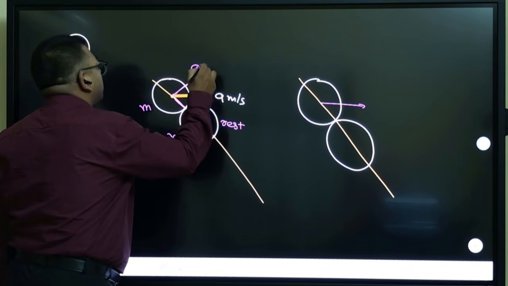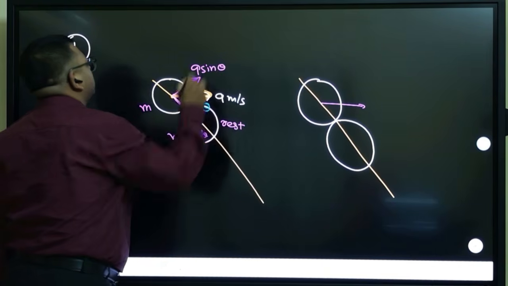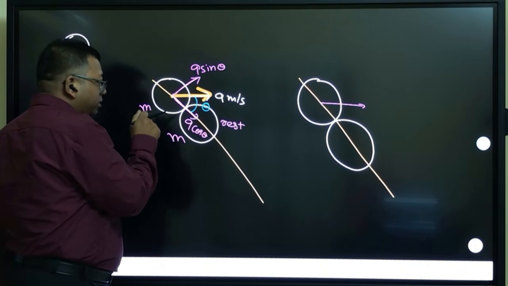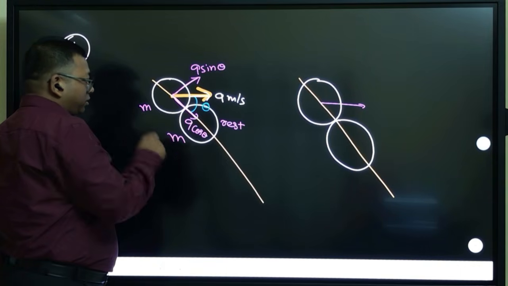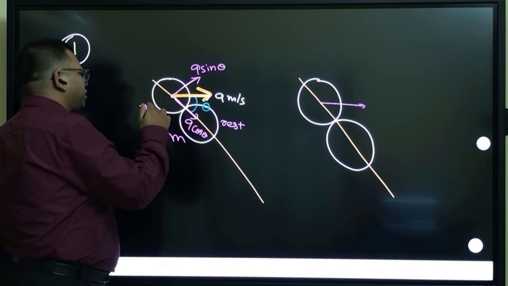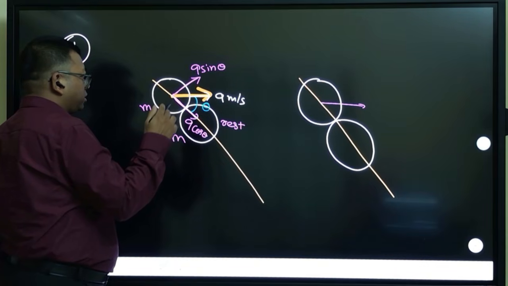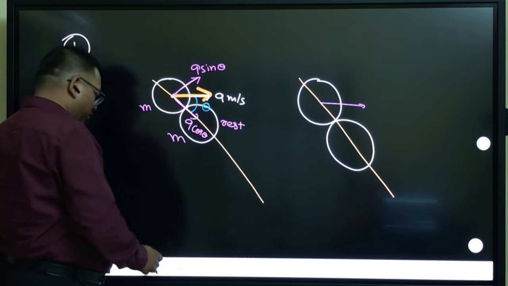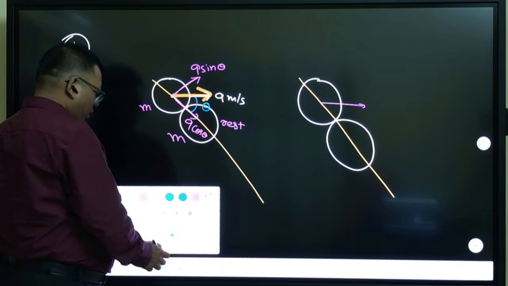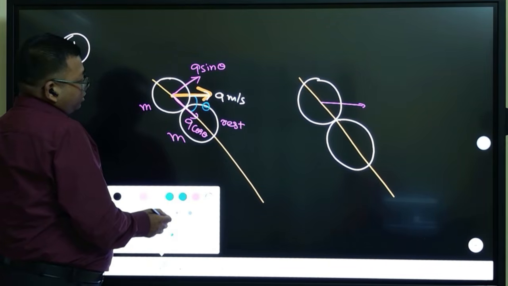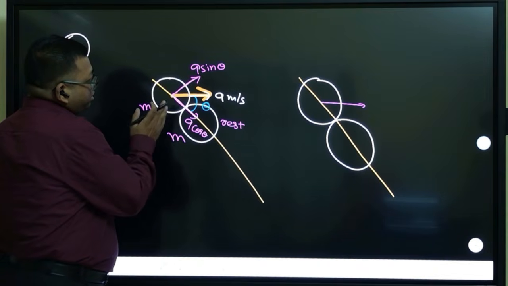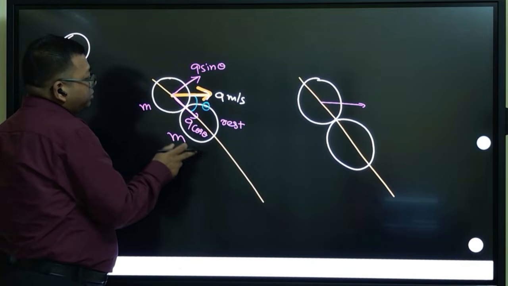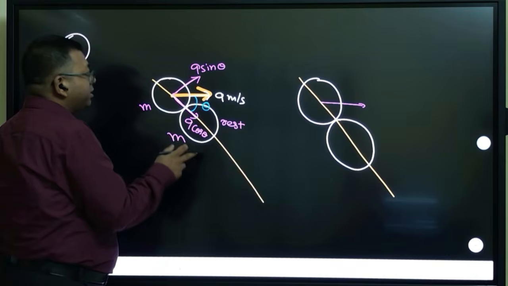This will become 9 sin theta. 9 cos theta is the component along this direction, and 9 sin theta is the perpendicular direction. 9 cos theta is parallel to the line. Balls are identical.